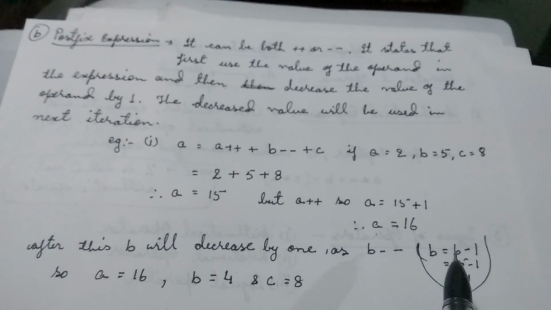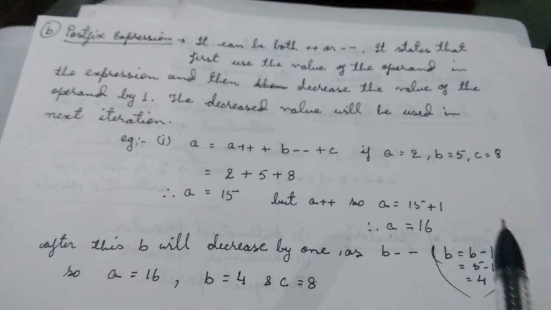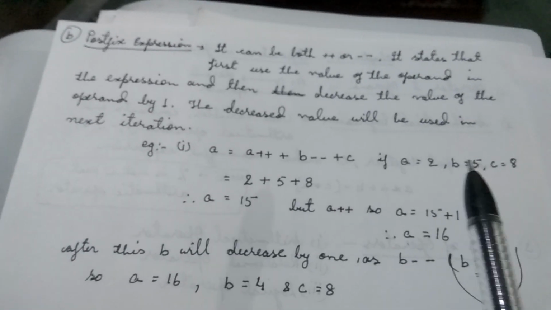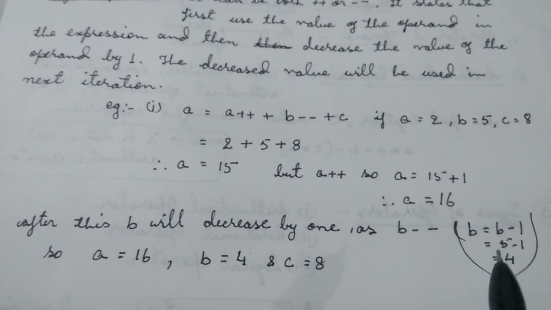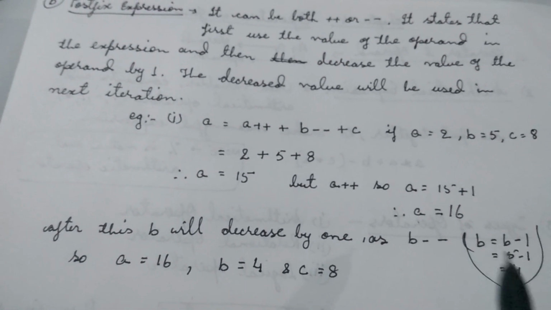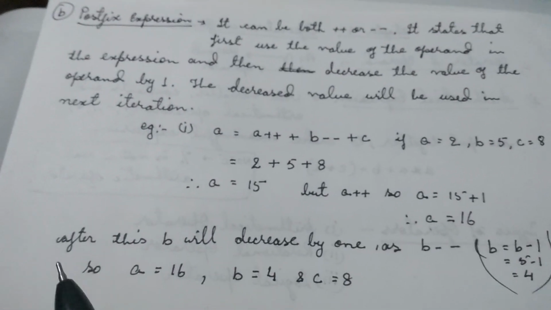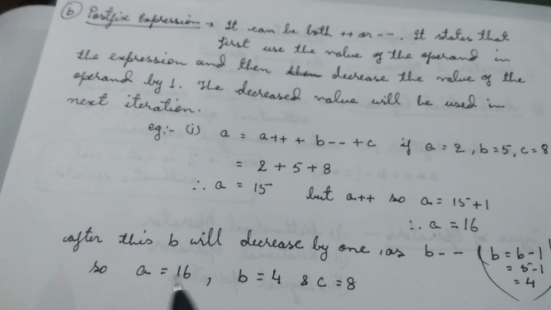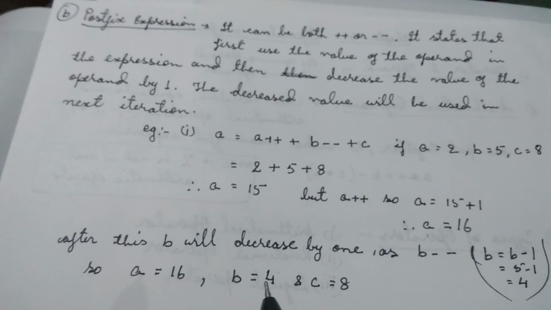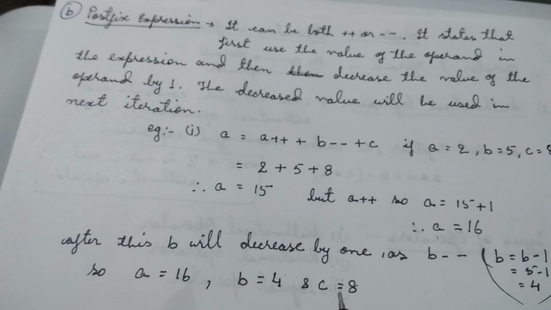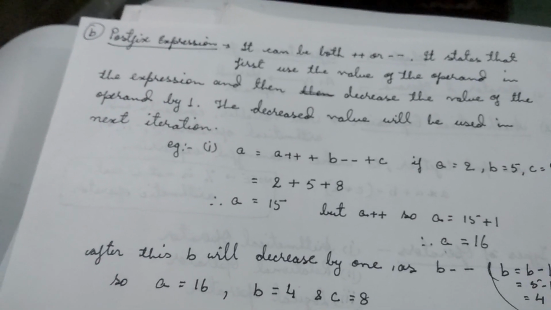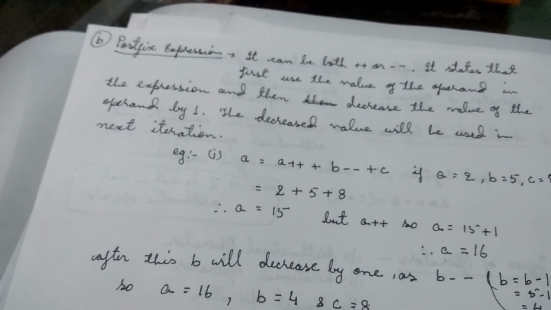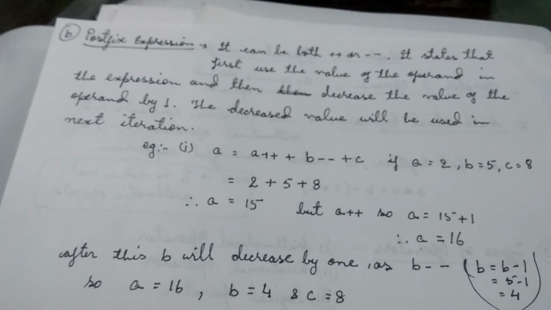So b equals b minus 1, 5 minus 1, and b results to 4. So the final result is a equals 16, b equals 4 and c equals 8. This is the explanation of postfix and prefix expressions in Java. Thank you.